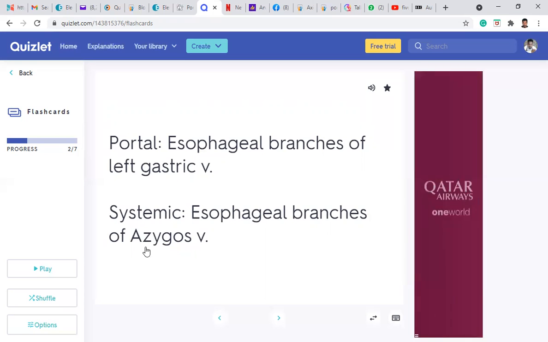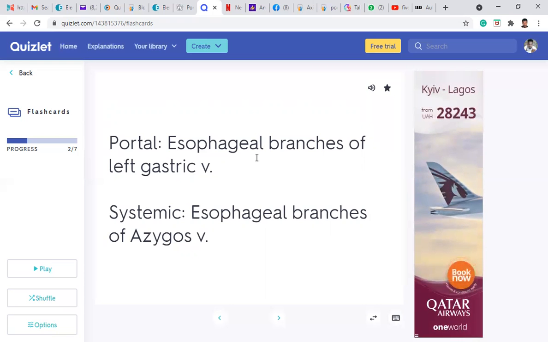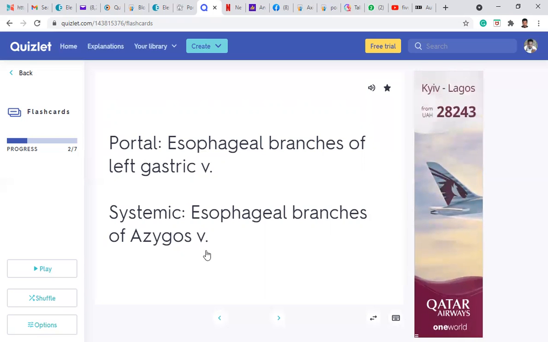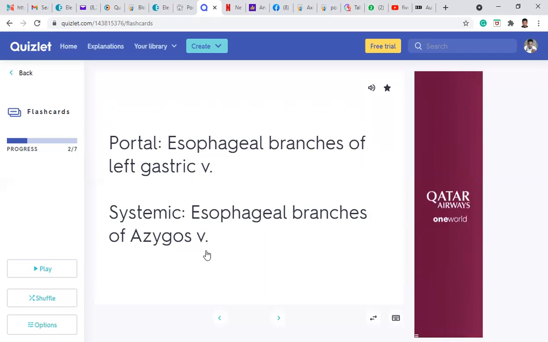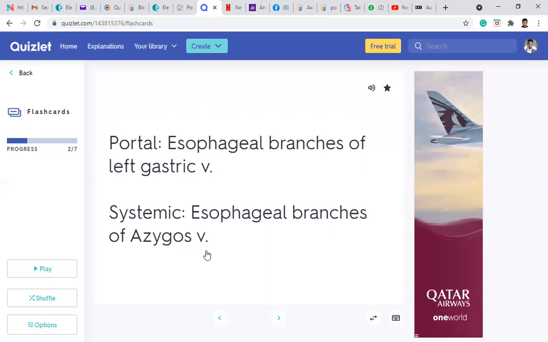So we have portocaval anastomosis. So at the gut level, the anastomosis is between esophageal branches of left gastric vein and the esophageal branches of azygos vein. So what happens when there is dilatation of this anastomosis because of portal hypertension or because of liver cirrhosis or blockade of the portal vein?